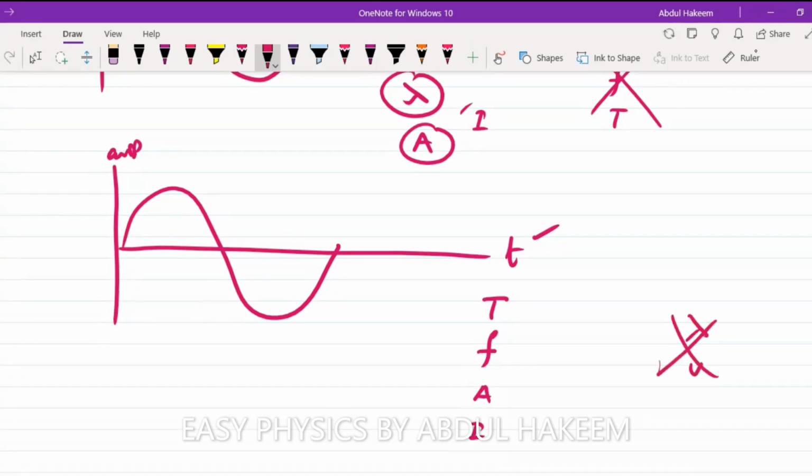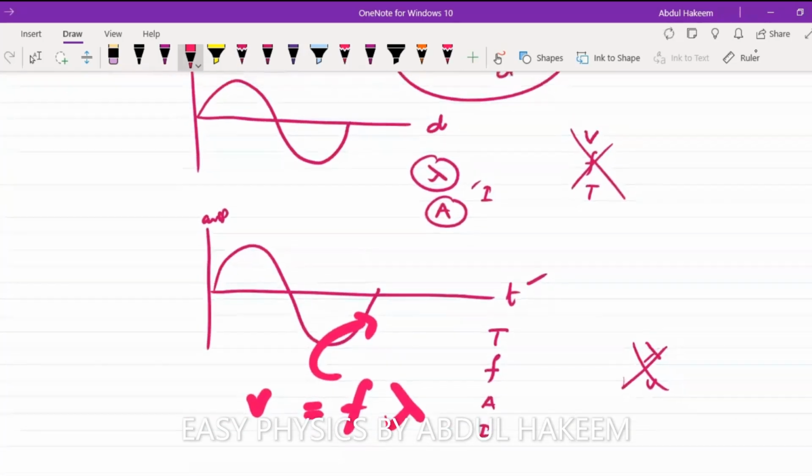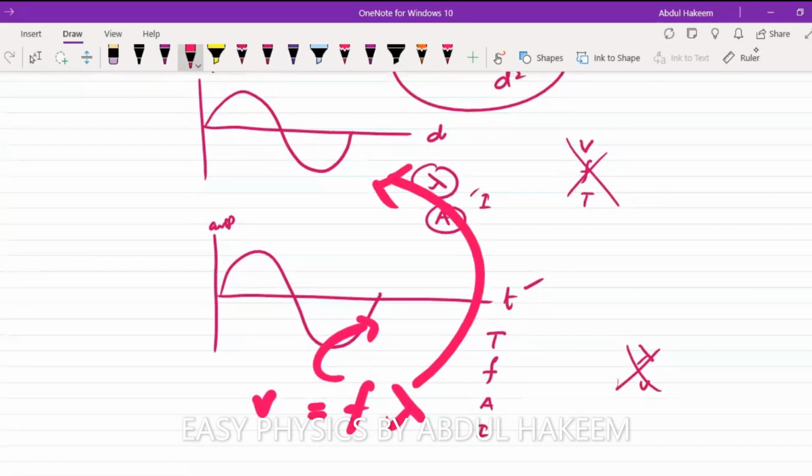So when you have to determine the speed, v is equal to f lambda, take the frequency from this graph and the lambda from the other graph. So for the speed calculation, both graphs are required.